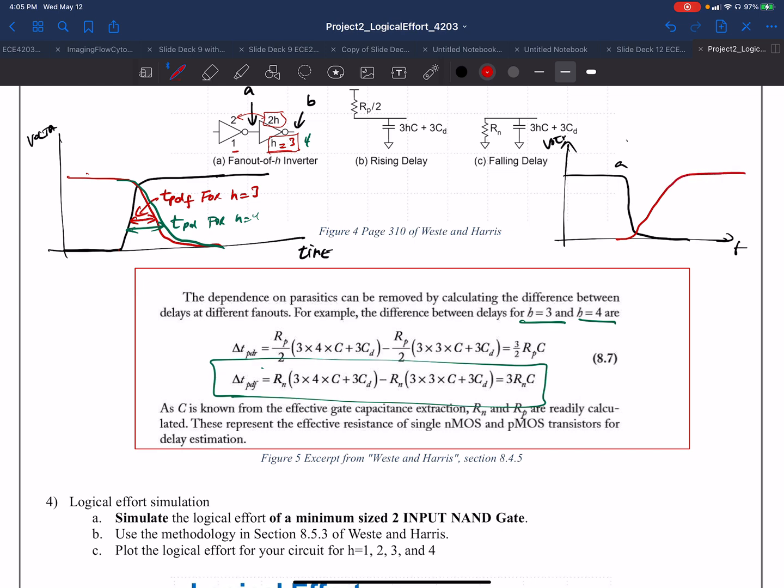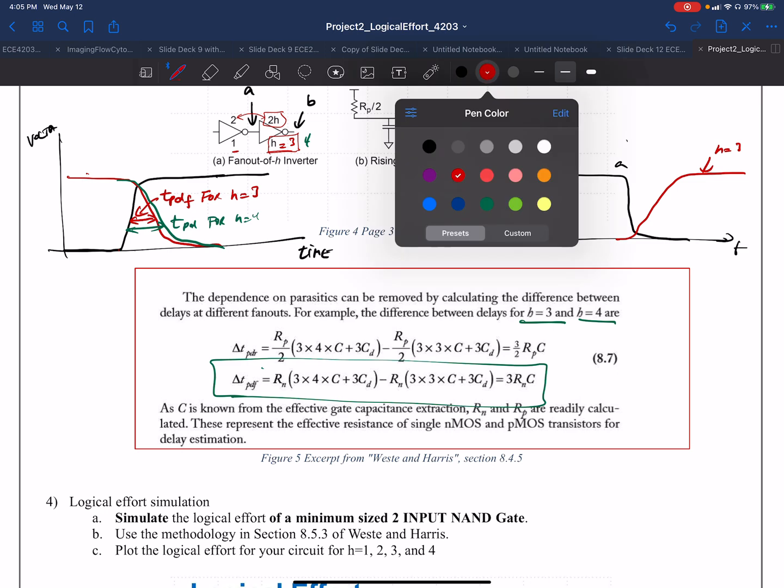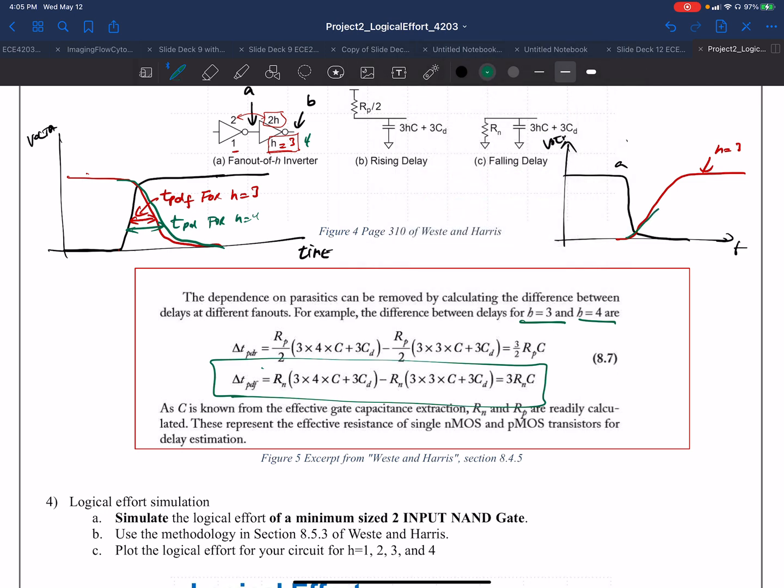One of them is doing that for H equal to 3, and the other one's doing this for H equal to 4. And you want to get that minus that, and that'll give you this value.